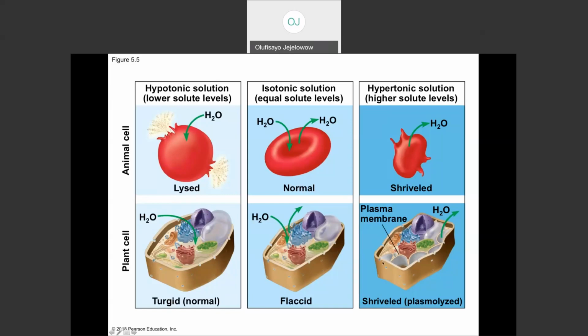If you place them in a hypertonic solution, it will shrivel and you will see plasmolysis. During plasmolysis, the plasma membrane pulls away from the cell wall, and you can see that gap because the cell membrane is shrinking and moving away. This plasmolysis can also be observed in fungal cells and bacterial cells, or other organisms that have a cell wall.